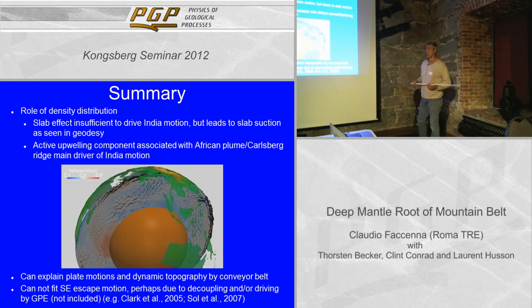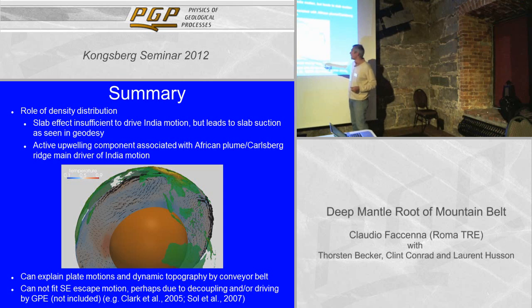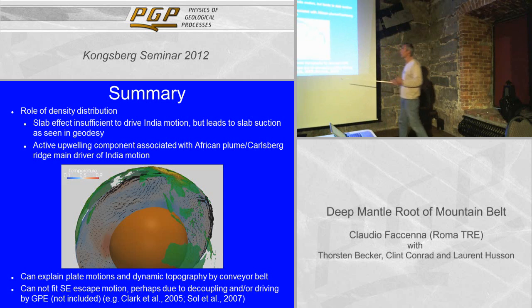But slab suction does. It's an important component. We think that the active component is the upwelling of the system. Here is a temperature profile over a cross section. Here you see the African superswell, the large low velocity shear zone upwelling here, and it's rooted into the Afar and India. I think that this component, for Afar and Carlsberg ridge, is fundamental, otherwise India is not moving anymore.